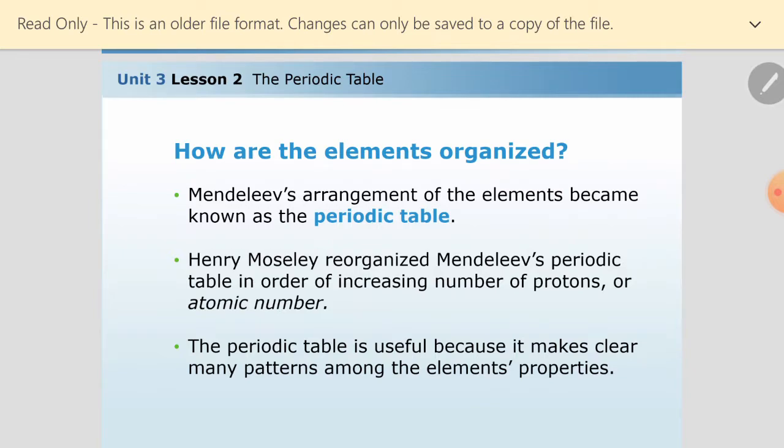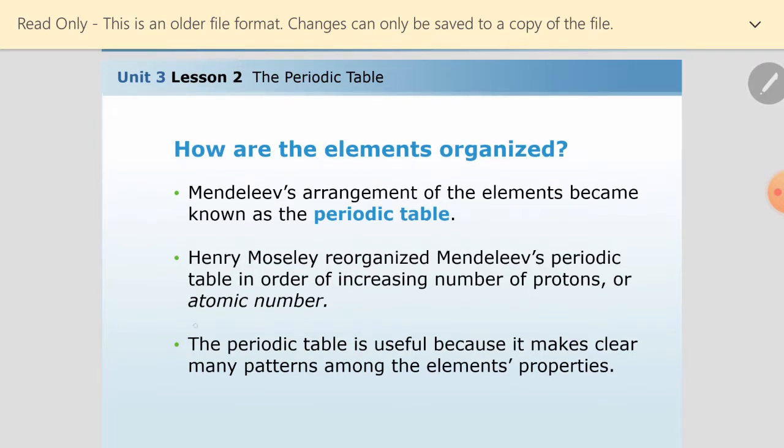He put the elements in the order of the increasing number of protons, or the atomic number, which was better. Why? Because the atomic number is fixed for every element. It doesn't change. There is no need to find the average or something like that. It is stable. Every element has the same atomic number for all of its atoms. So it is stable, which was better for the periodic table.